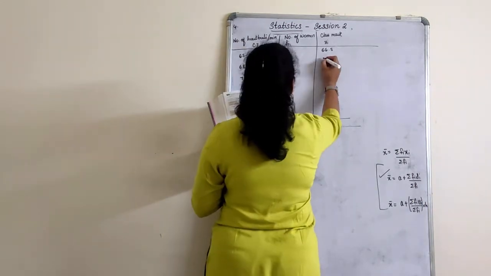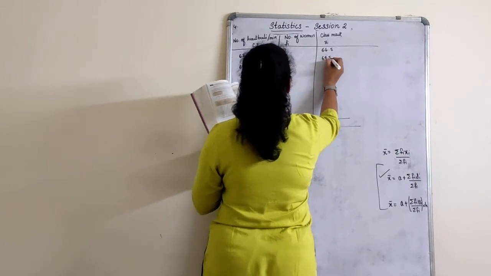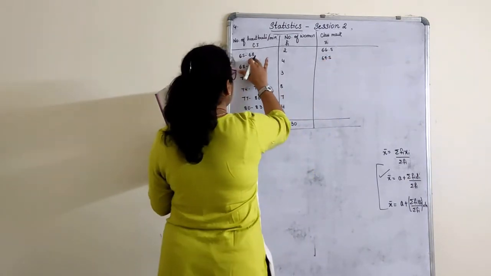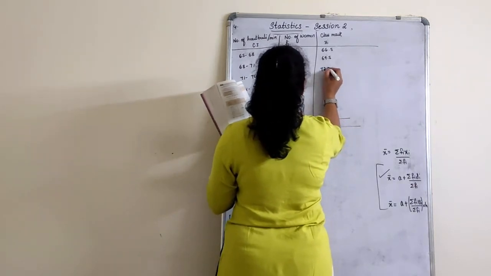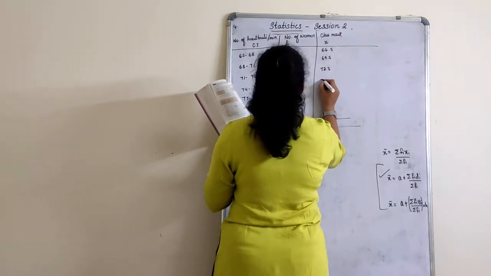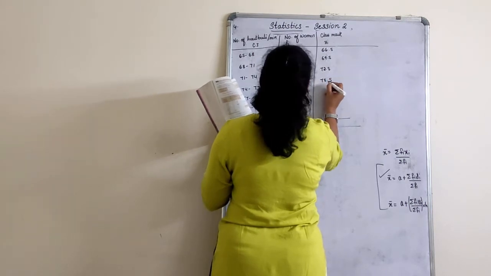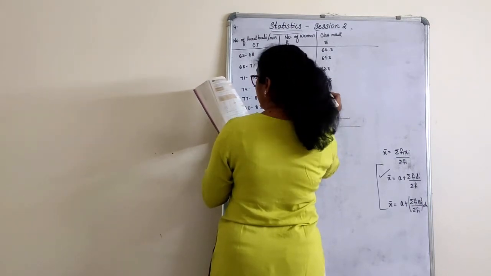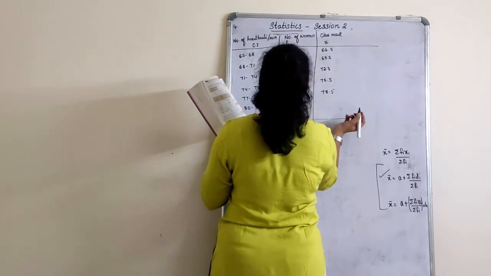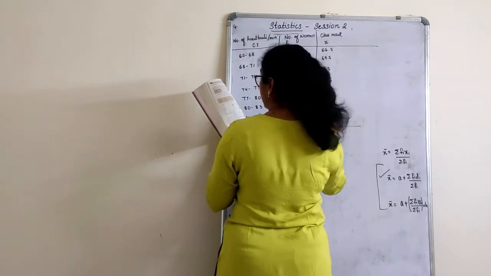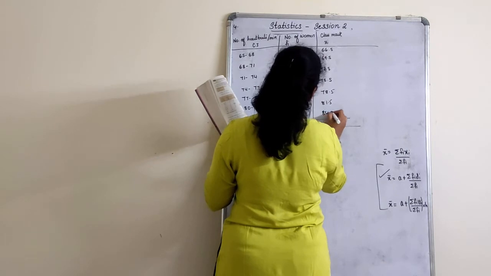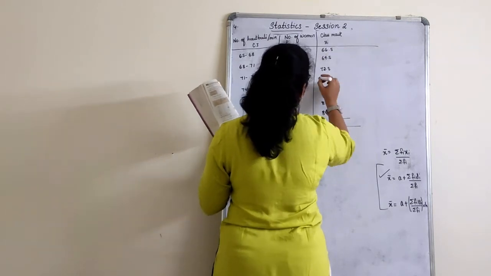The next is 69.5. Add lower limit, upper limit, divide by 2. That is how you get 72.5, 75.5, 78.5, 81.5 and 84.5.